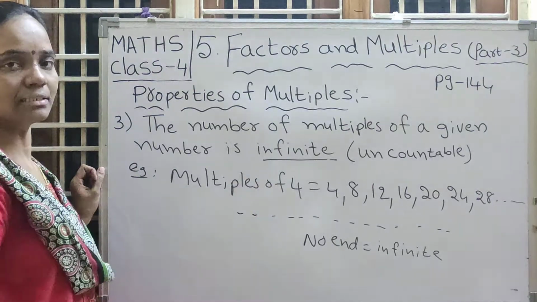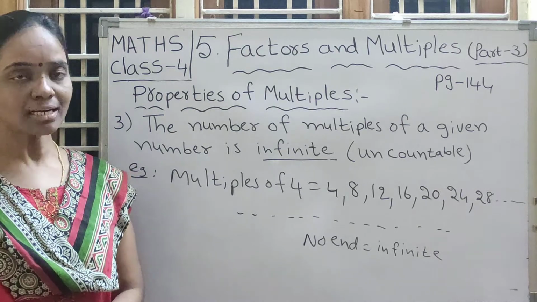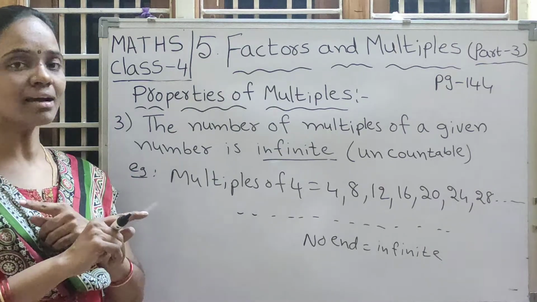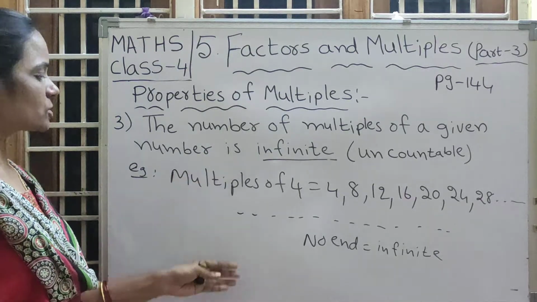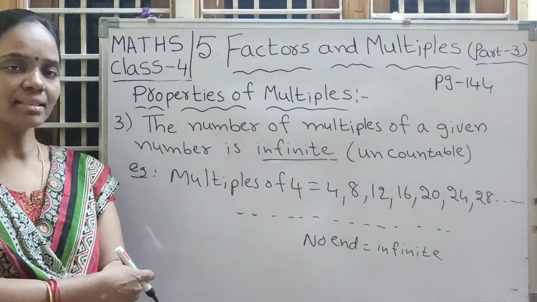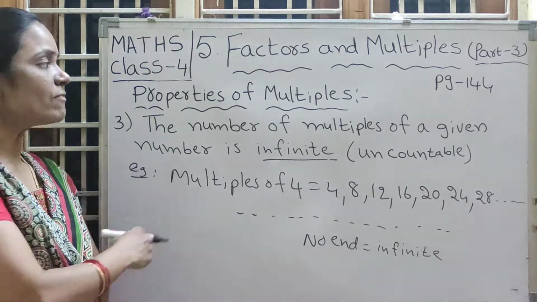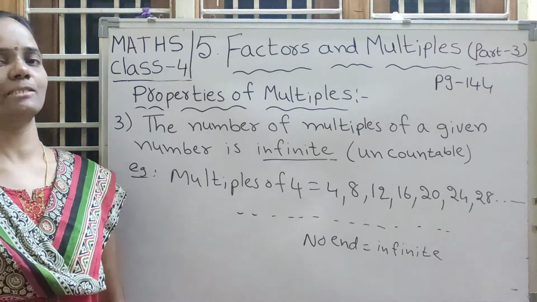Note it down, children. But factors are countable, while multiples are uncountable. I hope you understood. Note it down, children. These three are the properties of multiples.